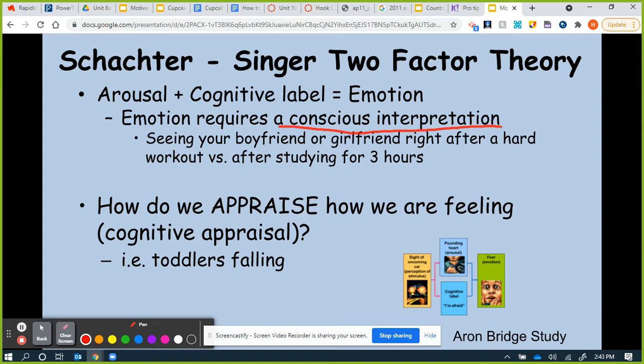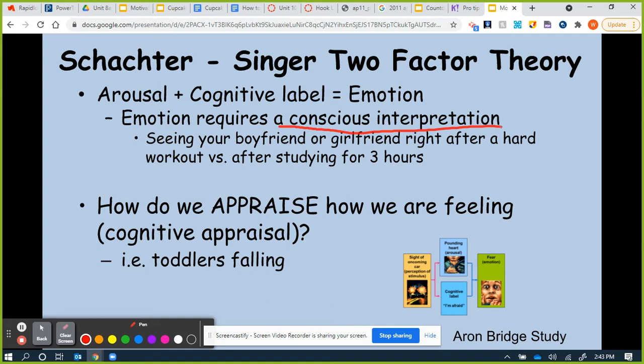An example I always give is, if you want to feel really strong emotions for your boyfriend or girlfriend, and they're coming over, go for a run or do something physical right beforehand. Because when you see them, your heart's pounding, and we oftentimes go to the most likely emotion, the most likely thing that we are feeling.